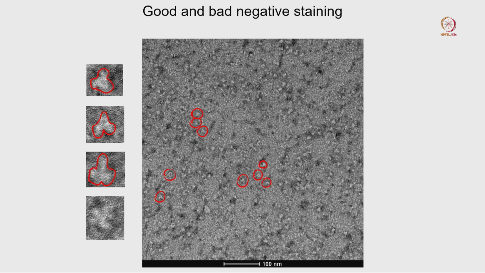So what I did from here, I just pulled out a couple of those protein samples and represented them here. Wherever you have a black background, these protein molecules are very much isolated and look very prominent.